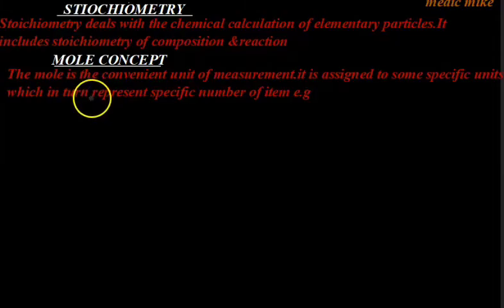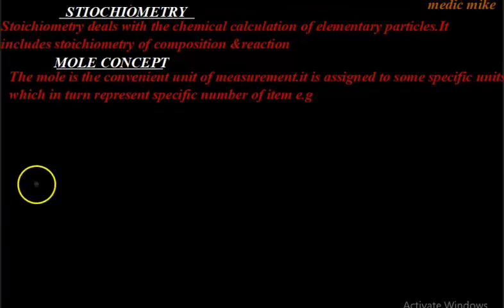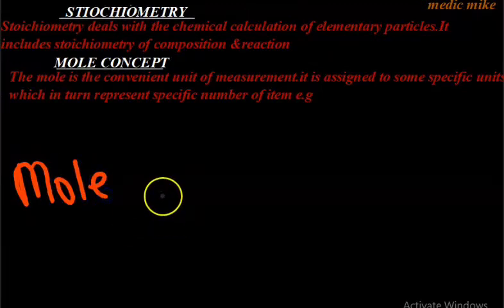Mole is very important in stoichiometry, and it is a convenient unit of measurement that is applied to specified units. Now, this specified unit in turn represents a specific number of items. What do I mean? For example, we have a mole here, and a mole in turn will be representing a specific unit of measurement.